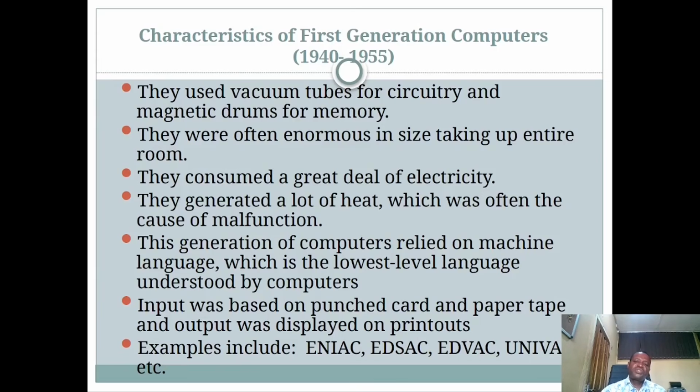Machine language is a language where instructions are given to the computer system using a series of zeros and ones. That is what the computer system understands basically. The computer system understands information that is given to it in binary format.